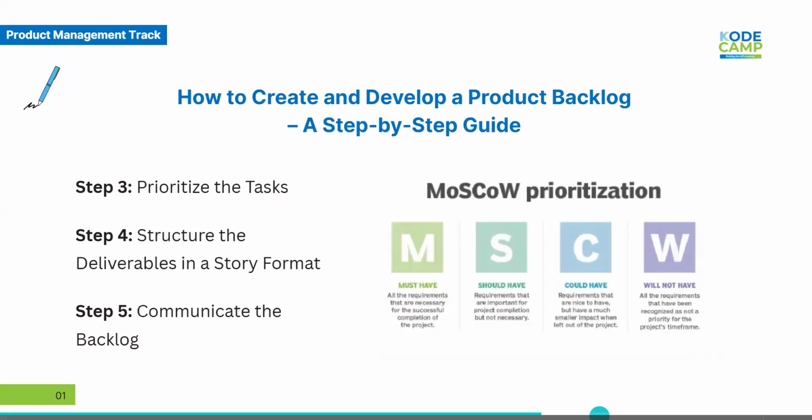So let me just do a bit of recap since we had a lot of interference, right? Let's look through it one more time. To build a product backlog from scratch, you start with the product roadmap.